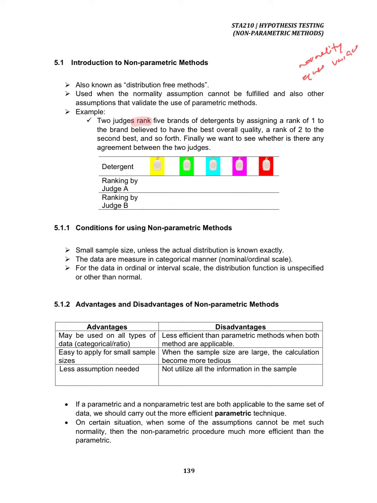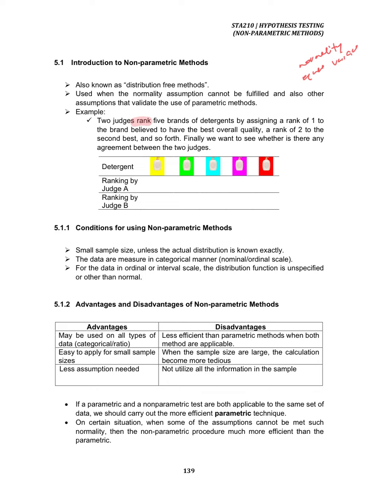Secondly, the condition for using the non-parametric method is when the data are measured in a categorical manner, for example nominal or ordinal scale. The third condition: for data in ordinal or interval scale, the distribution function is unspecified or other than normal.